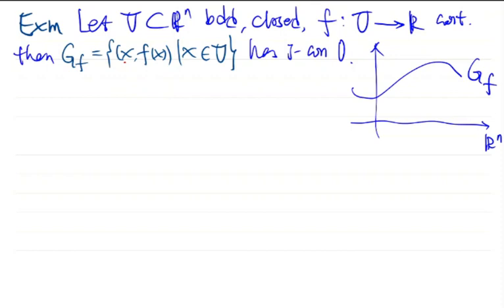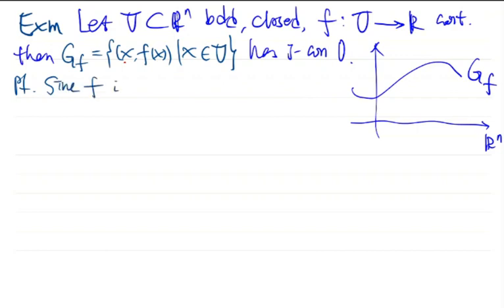So to prove this, we use the uniform continuity of f, because the domain of definition U is bounded and closed, therefore sequentially compact. So f is continuous, therefore it is uniformly continuous.